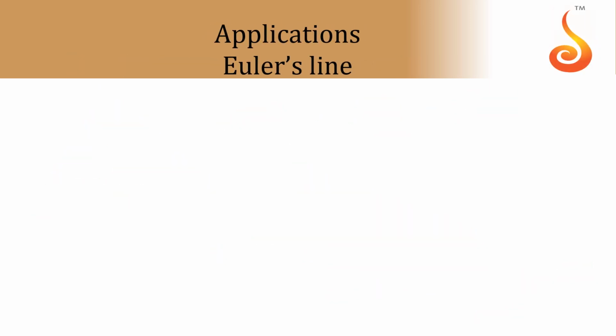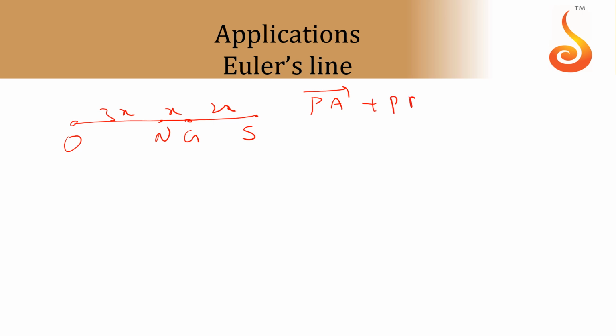Now Euler's line. So you know that in any triangle, this will be 3x, x, 2x. Orthocenter, nine-point circle center, centroid, circumcenter will be collinear. Now we developed that in any triangle, PA bar plus PB bar plus PC bar is equal to 3 PG bar.